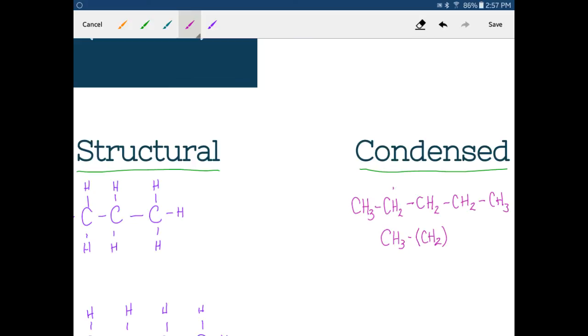I have 1, 2, 3, meaning that I have CH2 to the third exponent, or I have 3 of those inside, and then another CH3. Okay, so this is the most condensed formula that we can get when we're still using our letters. So we can do anything like this when we're drawing our condensed structural formulas out.